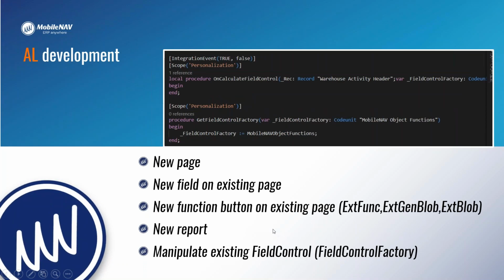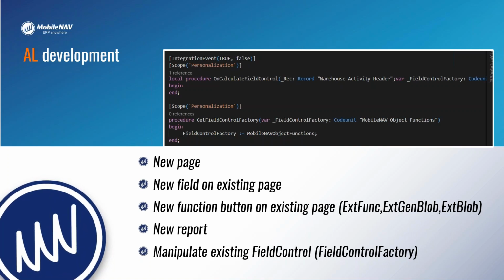And I have already discussed manipulating the field control, because that's also a very interesting part of MobileNAV configuration. On many different pages, we already have field controls, and sometimes it can be interesting to manipulate them. For that reason, we have introduced two things. You can also see it on the slide on the top. We have an on-calculate field control, which is again a publisher event.